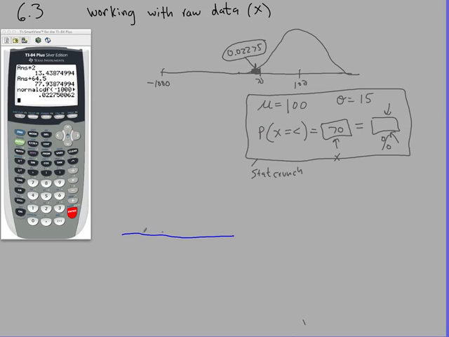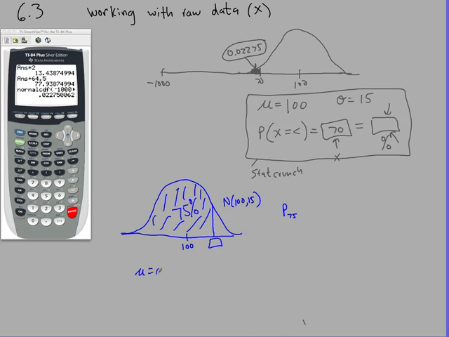Okay, so let's talk about some other ways real quick. They could ask you, with a normal distribution with mean 100 and standard deviation 15, to find the data value for P75. P75 would be where the shaded region over here is 75%. So it's just like before: they could give you a percent and you find this data point, but not as a z, as an x.